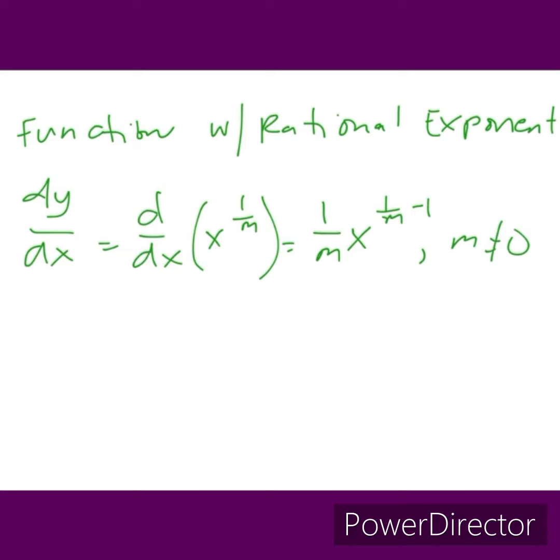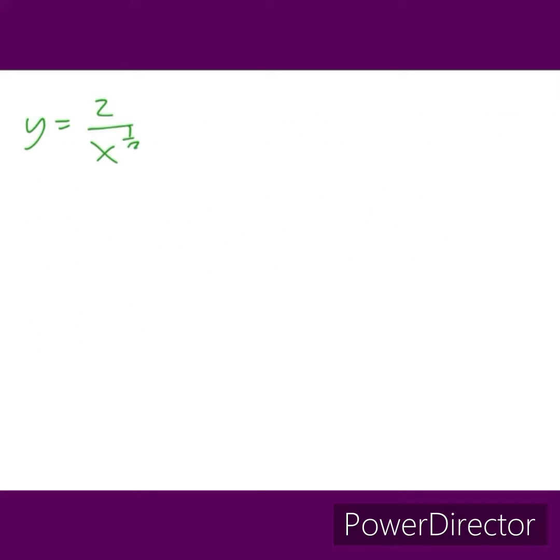Let's try an illustrative example. Find the derivative of y is equal to 2 over x raised to 1 half. Y is equal to 2 over x raised to 1 half. We have 2x raised to negative 1 half.